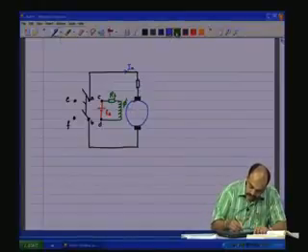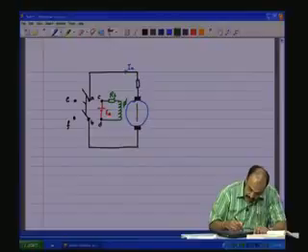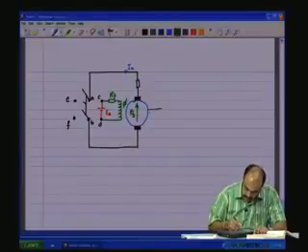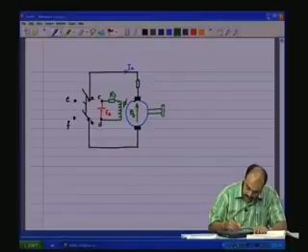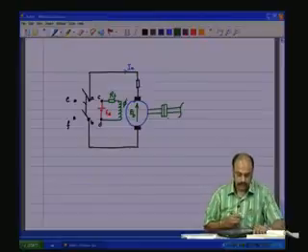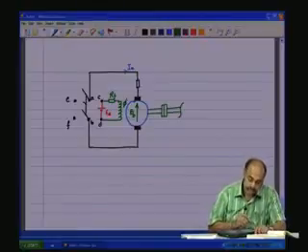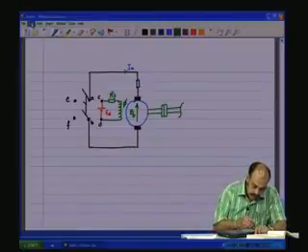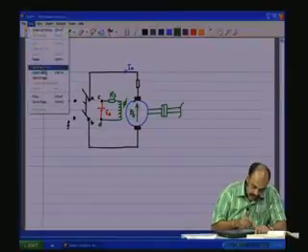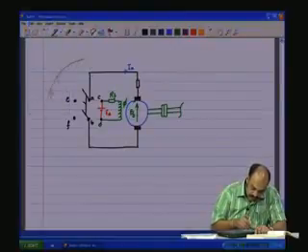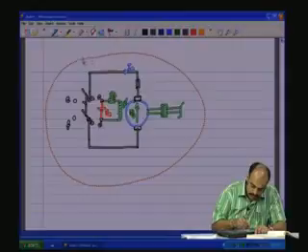Let us have the back EMF EB here, then we are going to connect the shaft to the load. So, this is the system that is right now existing. I will make a copy of this for future.